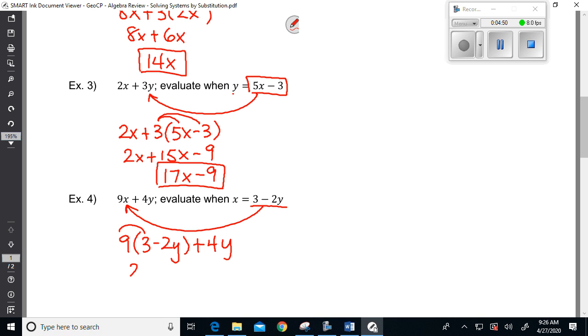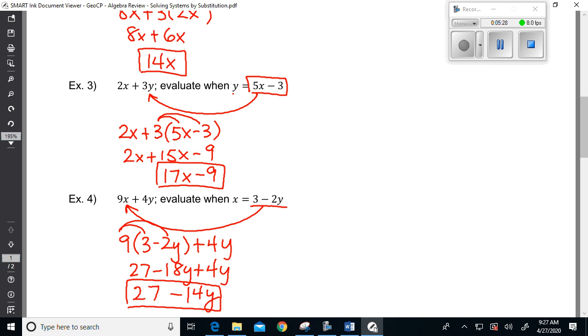Distribute, 9 times 3 is 27. 9 times negative 2y is negative 18y. Then combine like terms. Negative 18y plus 4y is negative 14y. So again, it's not 22y because there's a minus sign in front of that 18. So you have to treat it like a negative. So this whole first part should be nothing more than just some algebraic review.